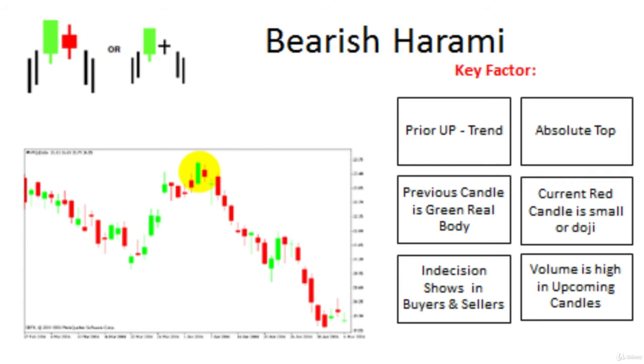In the next formation, there is a big green real candle body which creates a top, and the current candle looks like a doji candle. As the example chart on your screen shows, which clearly identifies a bearish Harami pattern, after that there is a strong downtrend reversal.